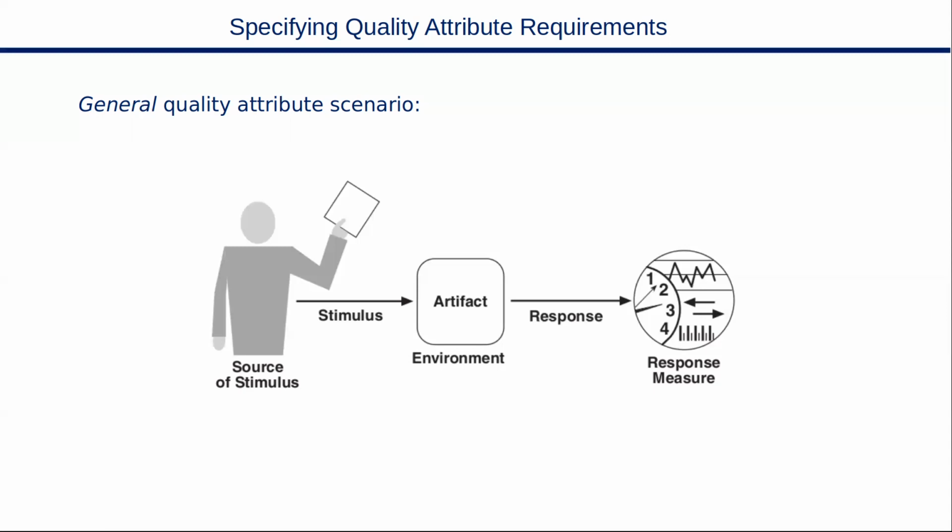If we have this response measure, then at the end we can answer the question: does the designed system correspond to these measures or not? If not, it's not acceptable. If yes, then that is what is expected from us.